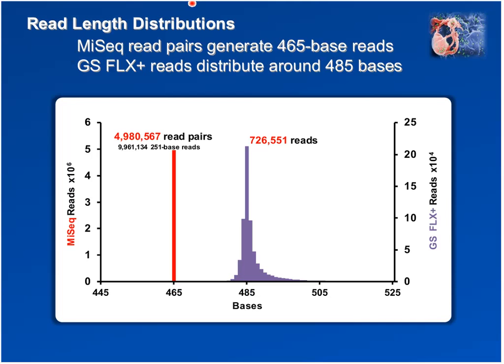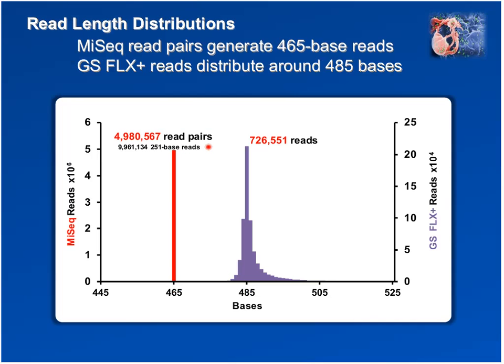Now let's look at some of the data from these sequencing runs, some of the run metrics that all of us next-generation sequencing people love to look at first. This is just a chart in which I'm combining the read distributions for both platforms into one plot, just to show you that we generated 5 million read pairs on the MiSeq that cover our 465 base target region.